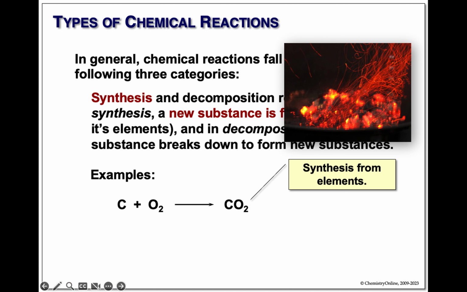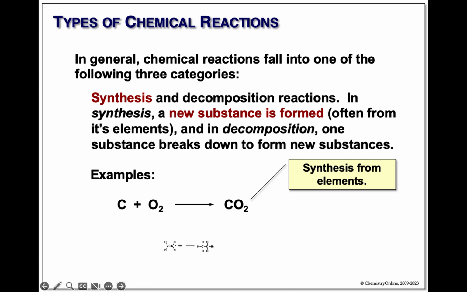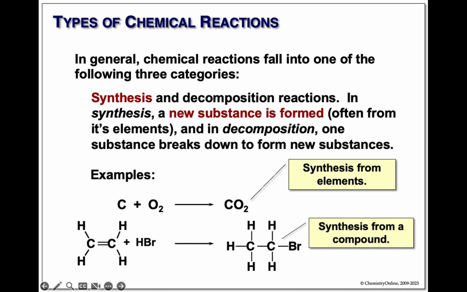We can also do synthesis from compounds. Again, this is the organic substance ethene. If you react this with hydrogen bromide, you add hydrogen to one carbon, bromine to the other, and we make ethyl bromide. This is synthesis from compounds. Again, you can do either elements or compounds to get stuff.